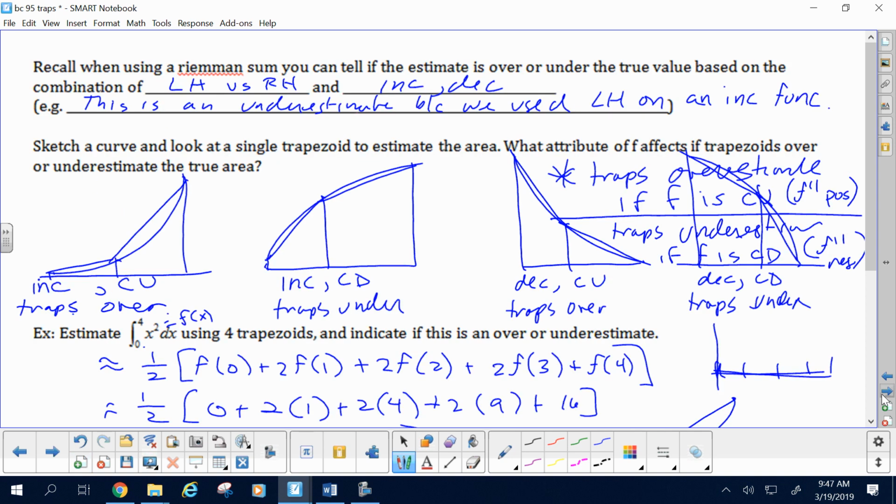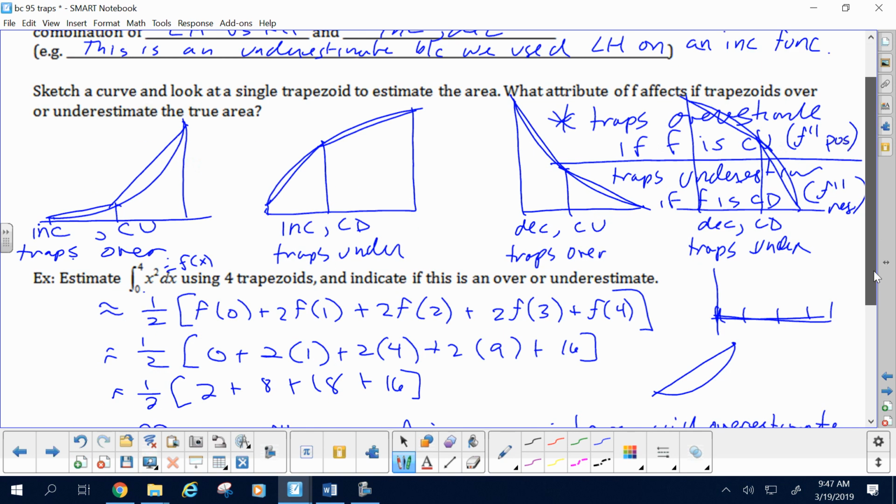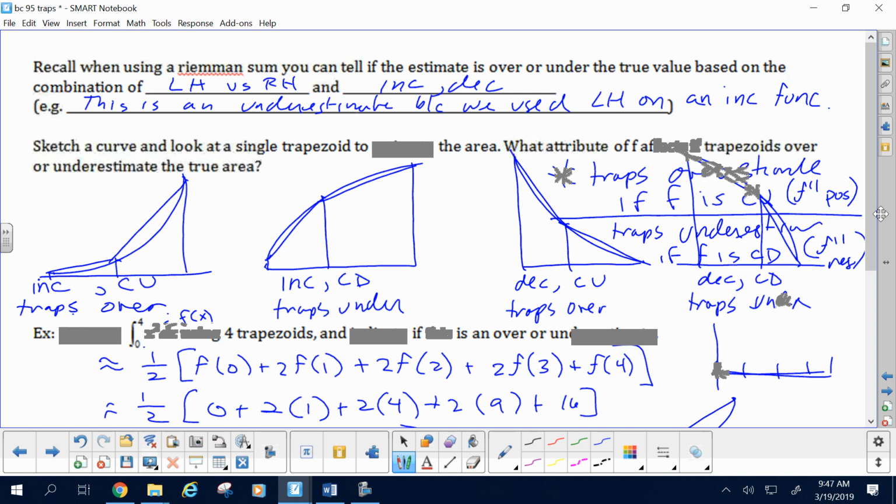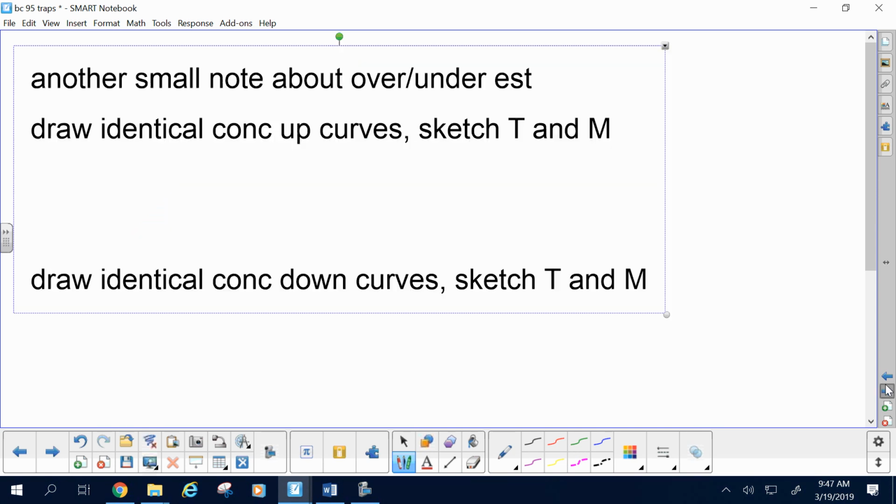Going back to the notes, sorry. There was one thing I wanted to tack on to the over or underestimate. Now this goes to an idea, I don't know if you have room on the notes to tack this on off to the side, but would you draw or sketch 2 identical concave up curves.